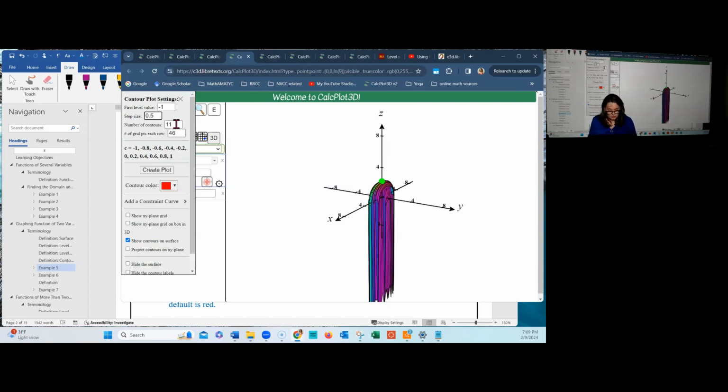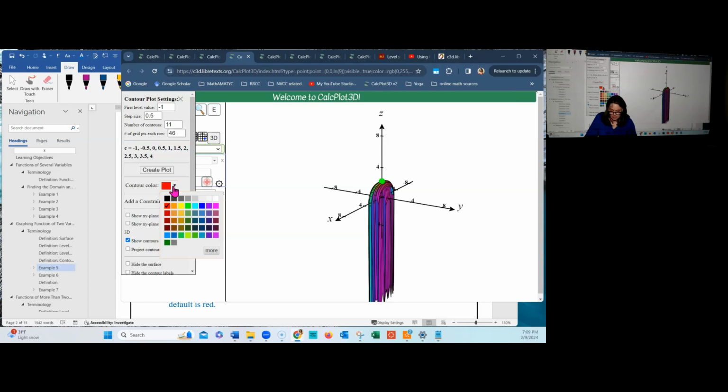The number of contours that it's going to graph is going to be 11. So it's going to start at -1, then graph -0.5, then 0, 0.5, 1, 1.5, 2, 2.5, until it's graphed 11 different contour lines.